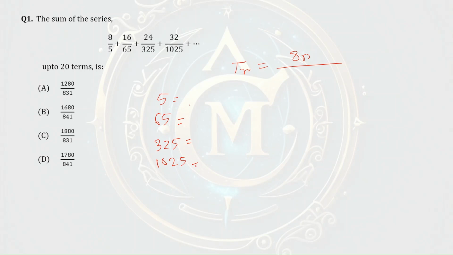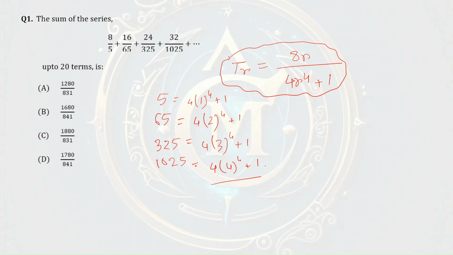We can write this as 4 times 1 to the power 4 plus 1, 4 times 2 to the power 4 plus 1, 4 times 3 to the power 4 plus 1, then 4 times 4 to the power 4 plus 1, and so on. So the general term will be like this. This is our T_r. r is a natural number. r varies from 1 to 20, as there are 20 terms in this series.